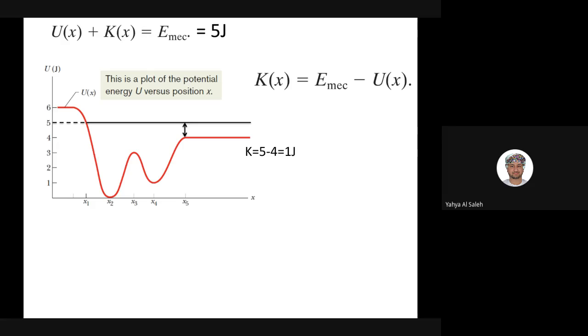Half mv squared equals 1 joule, and I see what v comes out. This is my limit. I cannot go faster than that. Right? Here I have a much lower potential energy, so I have a higher kinetic energy. And so on and so forth.